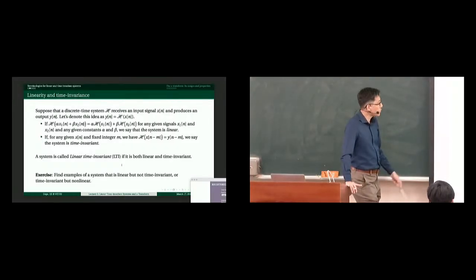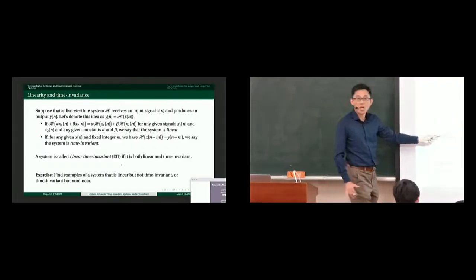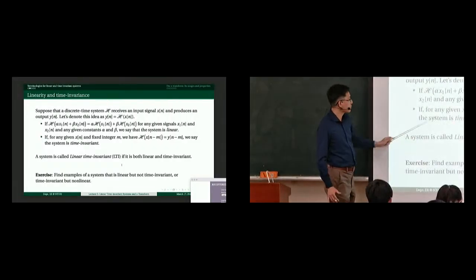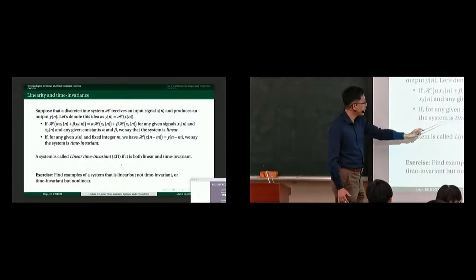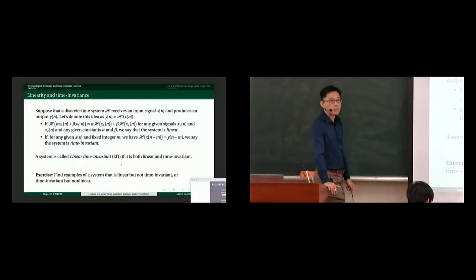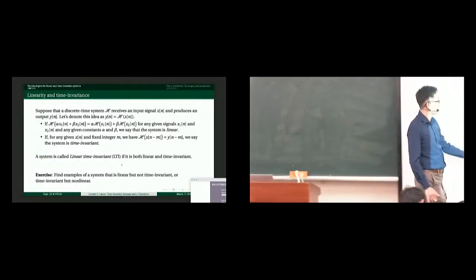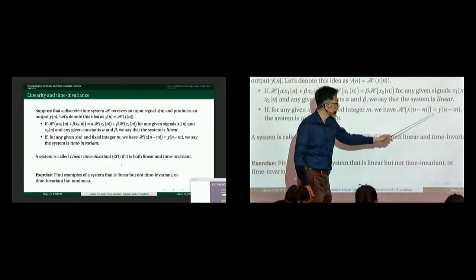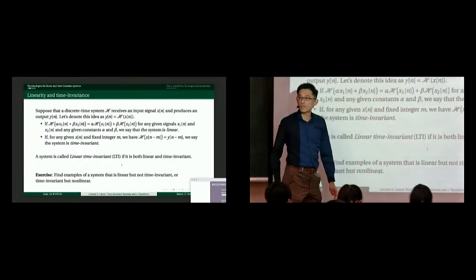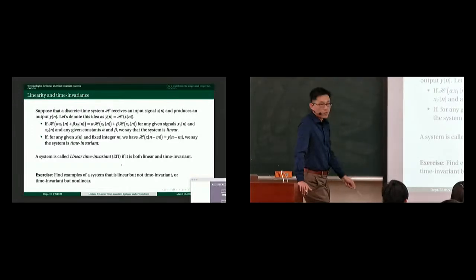If that's true, then we say that the system does not vary against time, or simply the system is time-invariant. Because the relation between input and output is basically the same whenever you use this system. Whenever you apply the system to process your signal, the result is always the same.